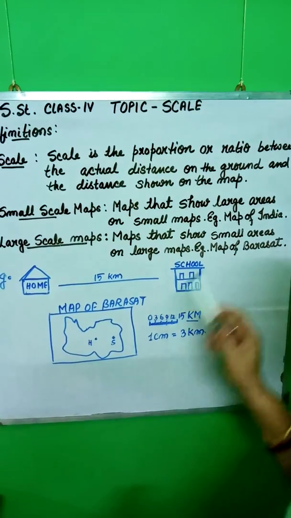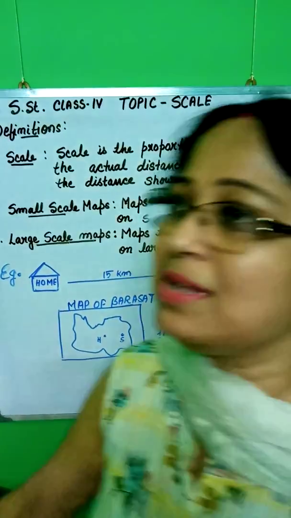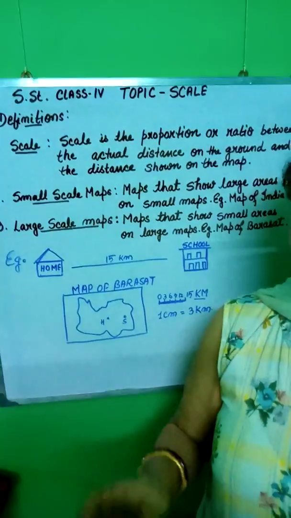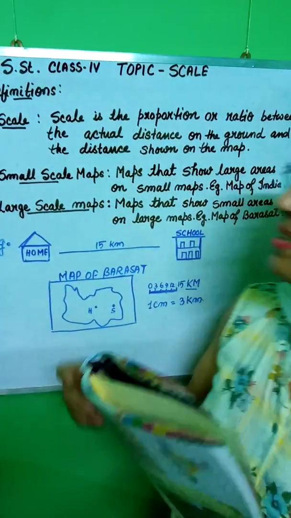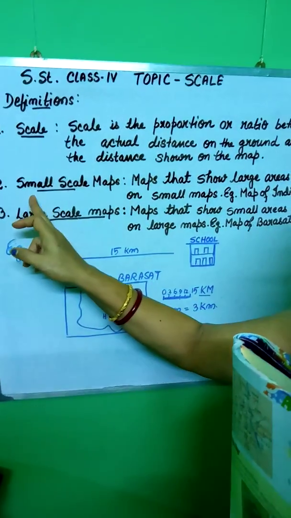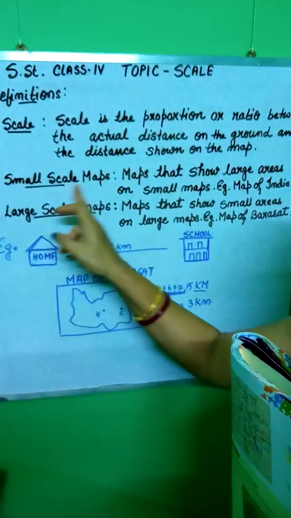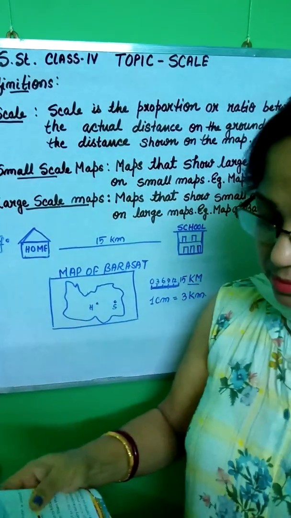For example, the map of Barasat. So in this topic we have learnt about scale, small scale maps and large scale maps.